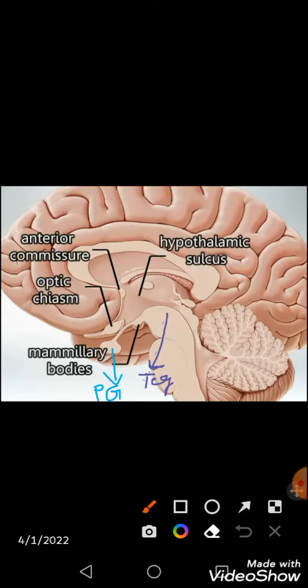Let me mark them. You can visualize the mammillary body and pituitary gland, of course, and then you can find that most posteriorly it will be reaching up to the tegmentum of the midbrain, right?